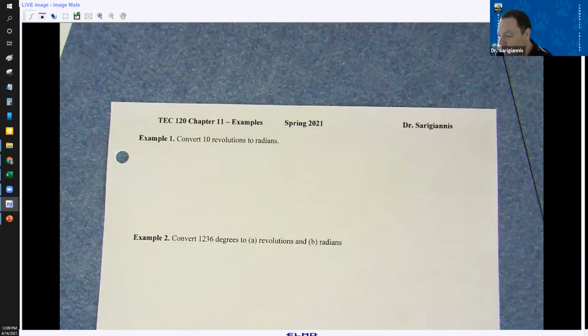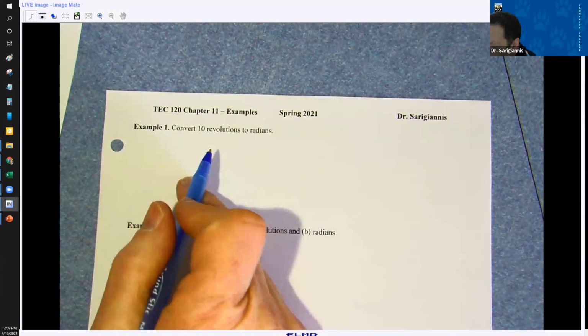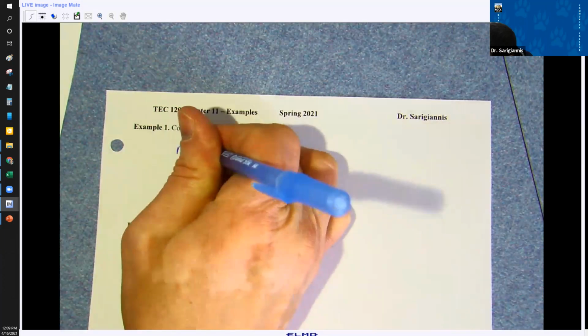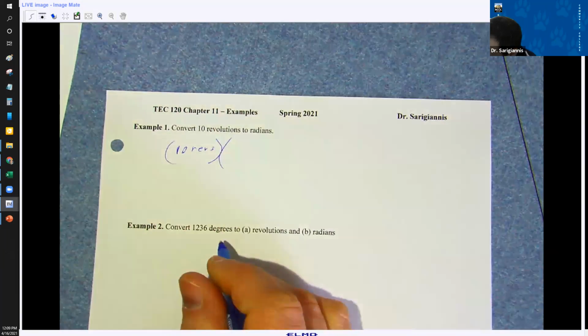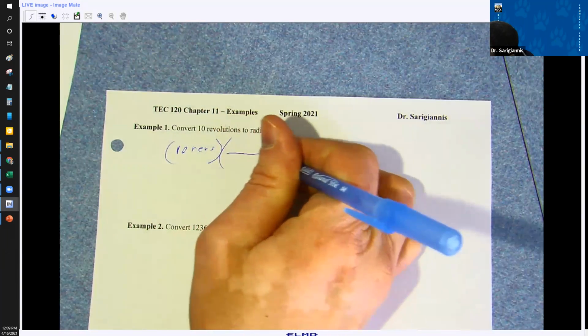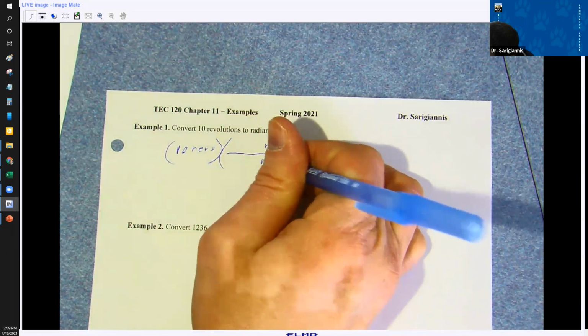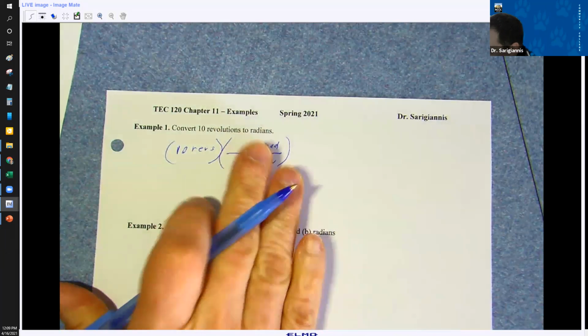Okay, so 10 revolutions to radians. This is the basic one. We've got 10 revolutions, we want to get radians, and we want to eliminate revolutions. So all we're doing here is multiplying by some conversion factor.